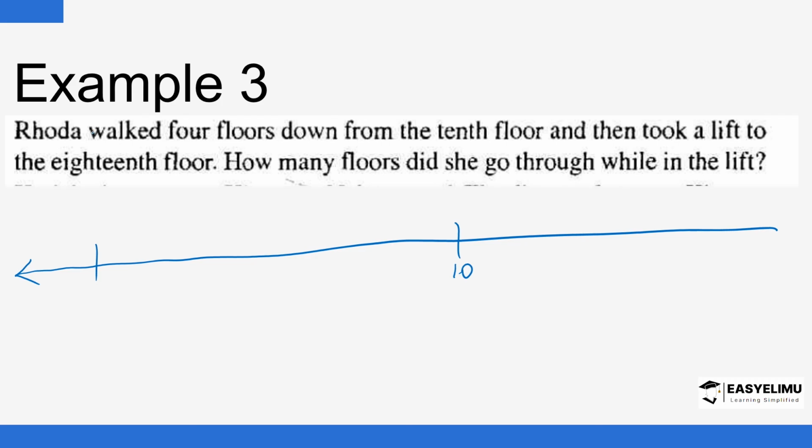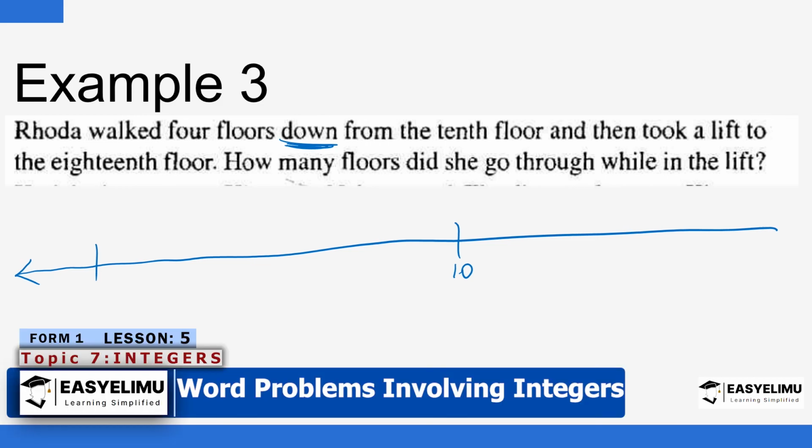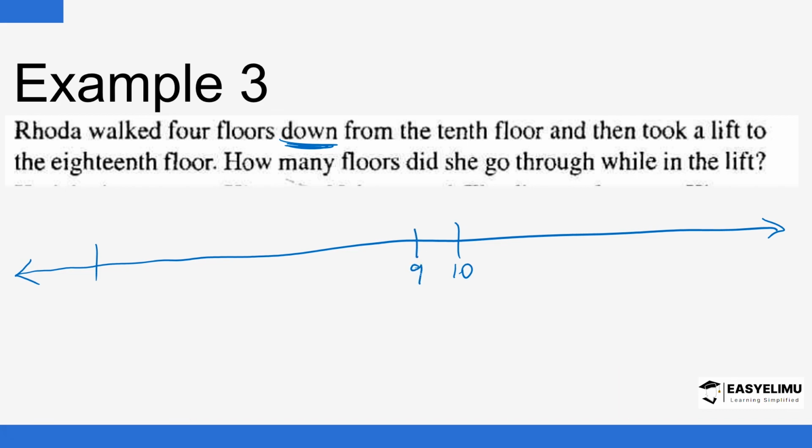The word down here means you reduce; to the left there is a reduction, and there is an increase to the right. So this is 9, 8, 7, and then 6. So 1, 2, 3, 4, down, towards the negative side.